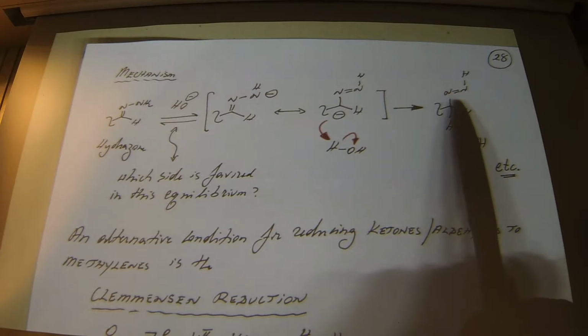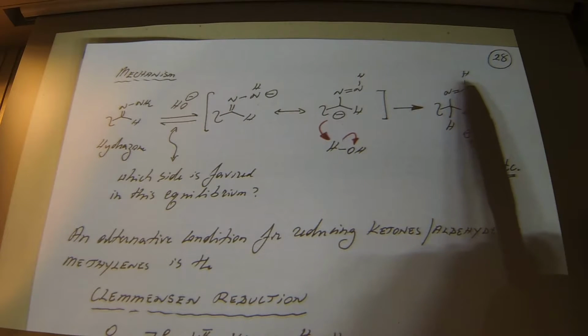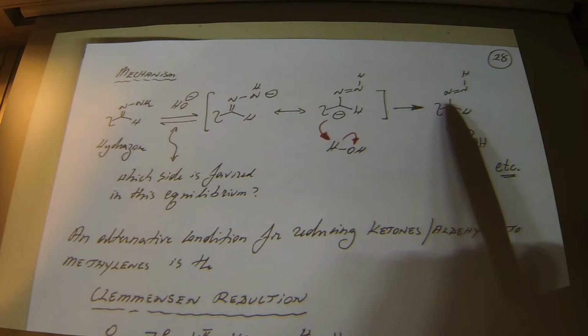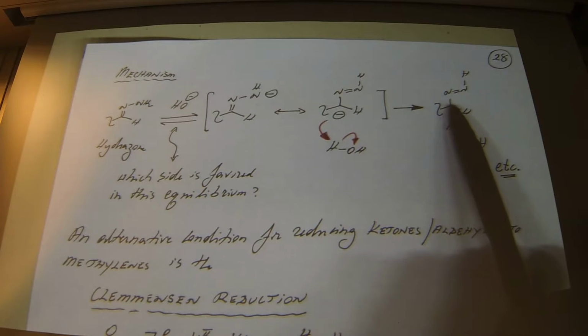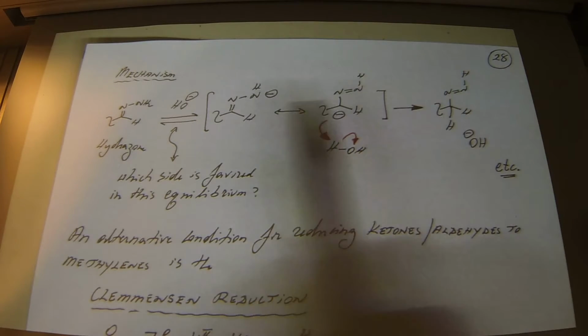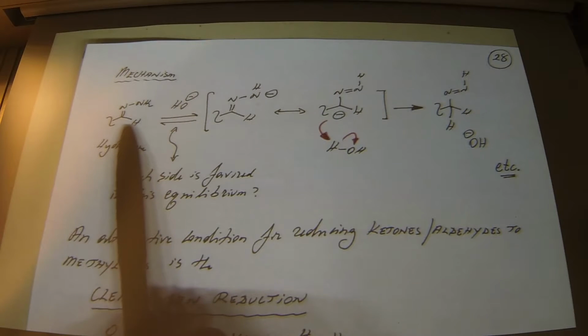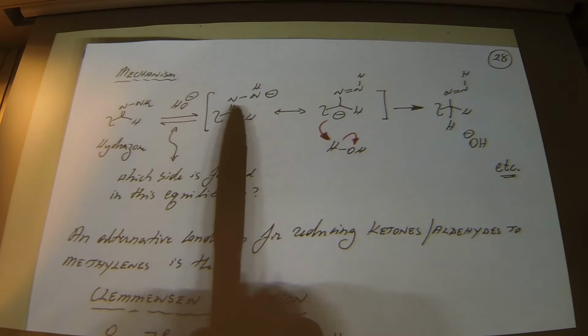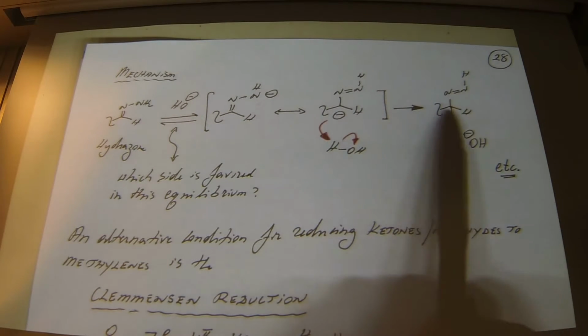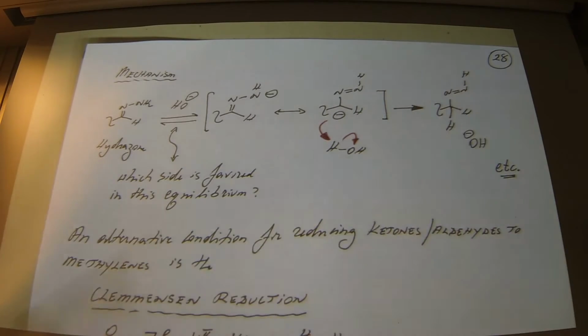Now this is unstable. What this will do is spit out N2 and either give you an anion or a radical that gets reduced. The mechanism up to here is the same as we saw for the iminium ion, or the imine. Then it's just a proton transfer, another proton transfer, and then from here, this thing just collapses to give you nitrogen gas and the reduced compound.